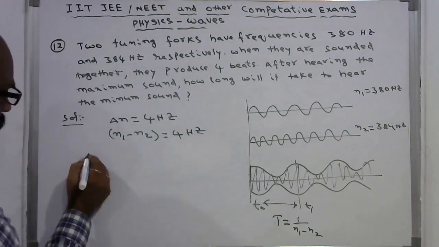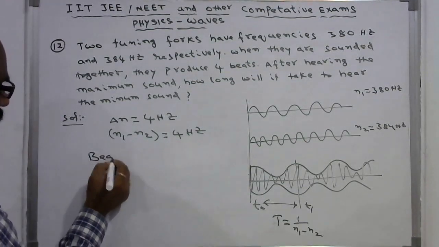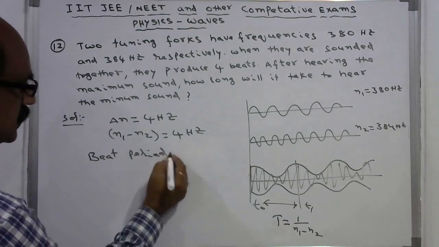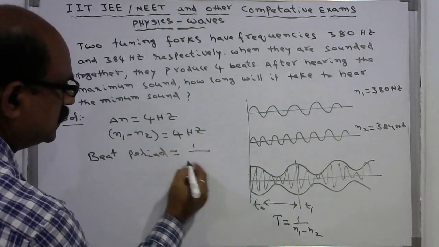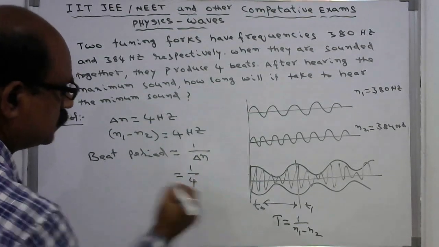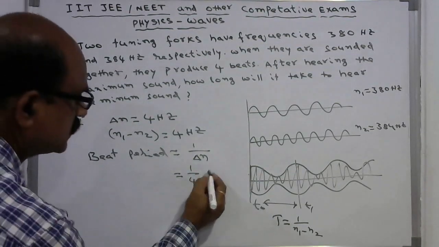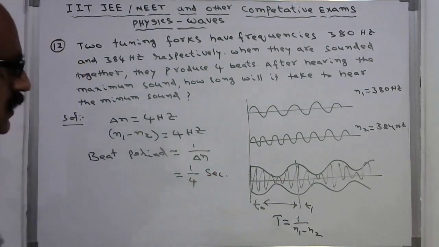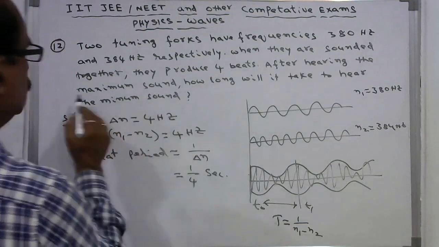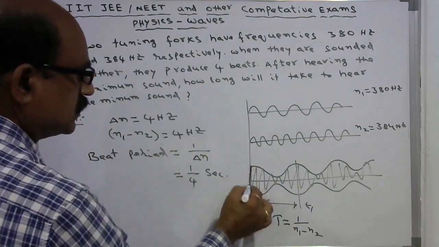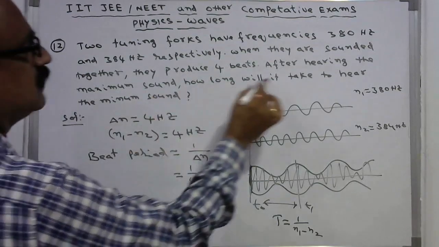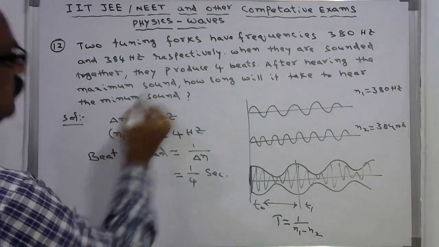The beat period is equal to 1 by delta N, that is equal to 1 by 4 seconds. Now he asked that after hearing the maximum, say this is maximum, how long will it take to hear the minimum sound?